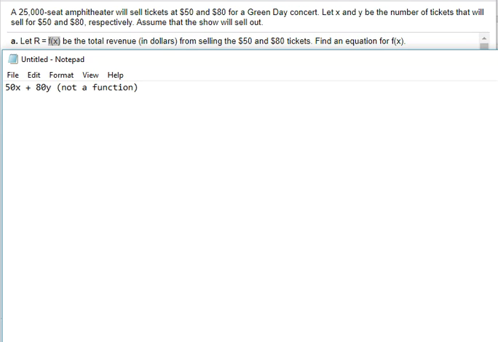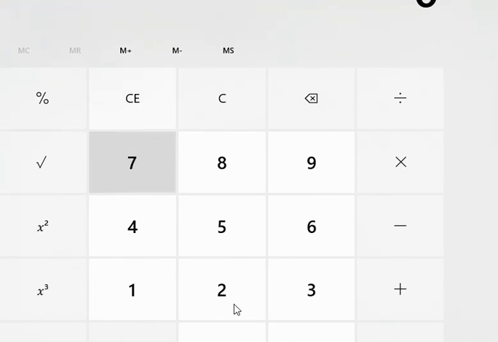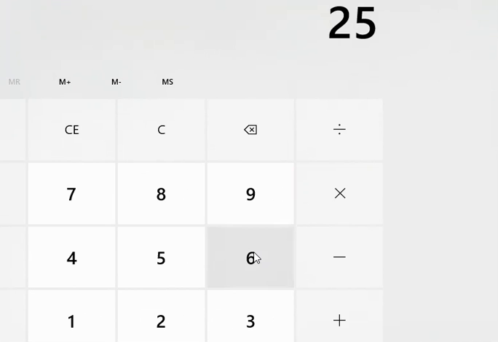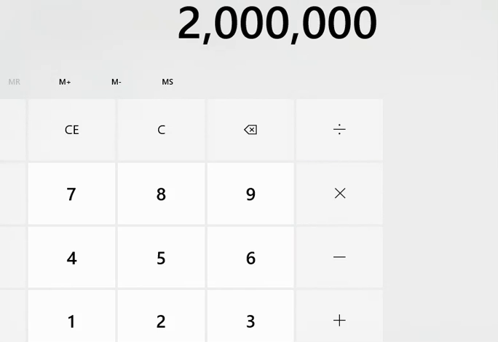So, for example, if you sold all 25,000 tickets for $80, that would give you a total revenue of, let me open the calculator. 25,000 times 80, I get 2 million.